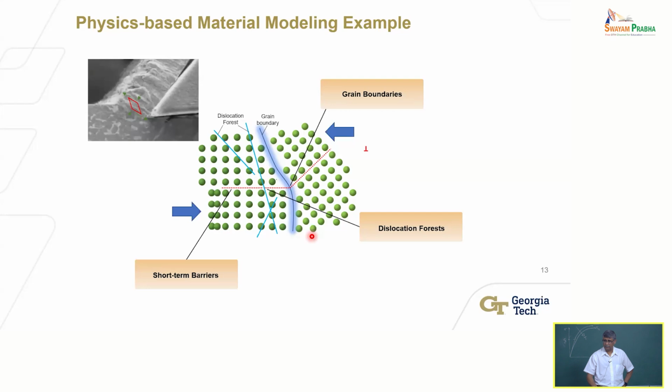It has to cross them. Then it has to cross the grain boundary, and then some others. All of these things, as you're deforming from outside, is happening inside, right? And this physics-based model is trying to capture all of this. It's trying to describe using some equations. Each of these barriers, you take the linear superposition of the contribution of each of these barriers, and it gives you the total strength. That's the idea, okay?